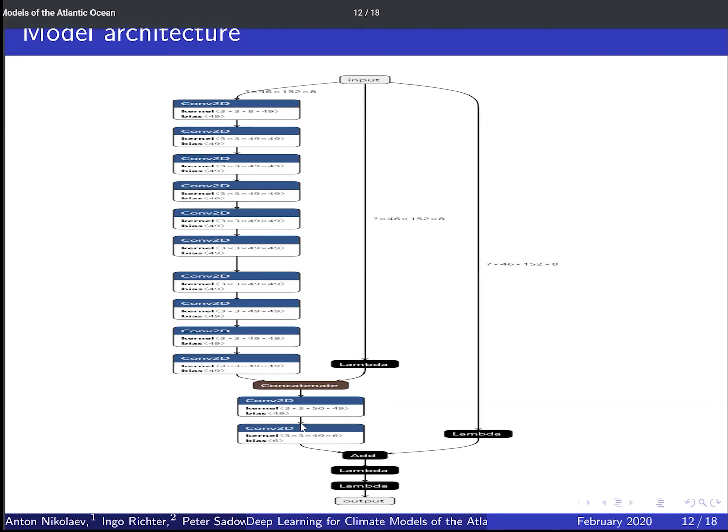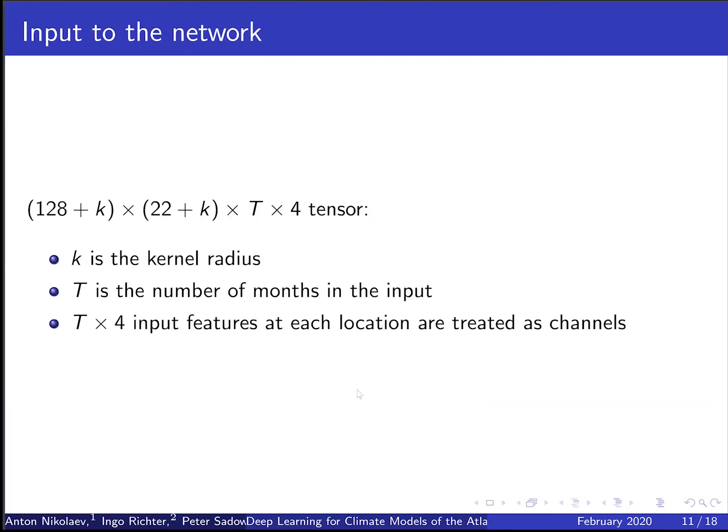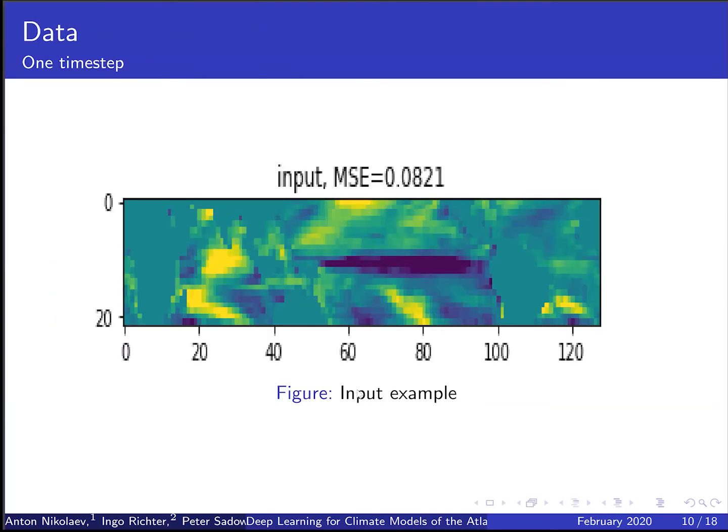And then another trick we're using is adding the input again to the output of this convolutional network, kind of trying to imitate persistence. And then as the output, we're basically getting the same map with the generated predictions.